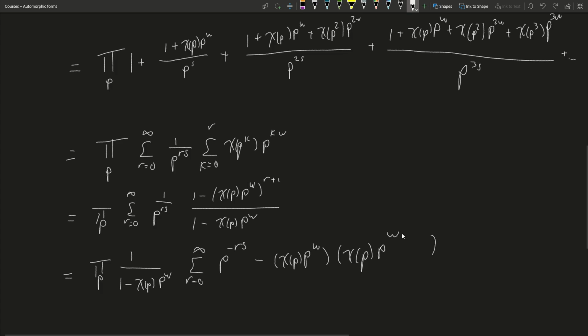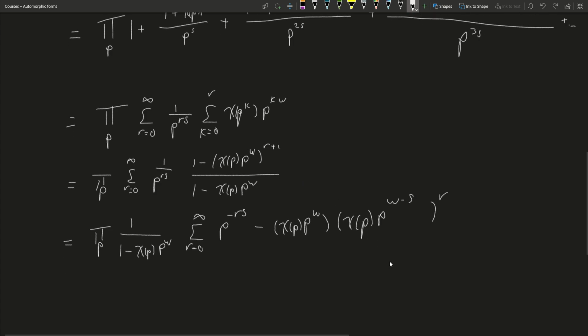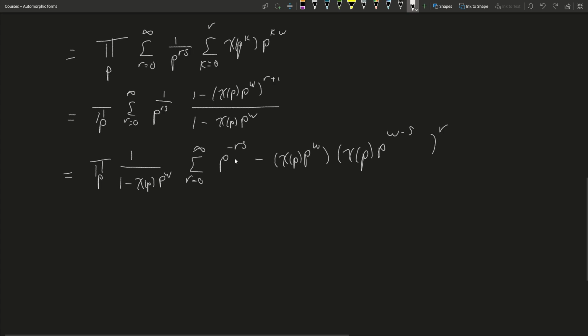Yeah, we have a w minus s, and this is all to the rth power. Okay. Now evaluating each of these geometric series separately.